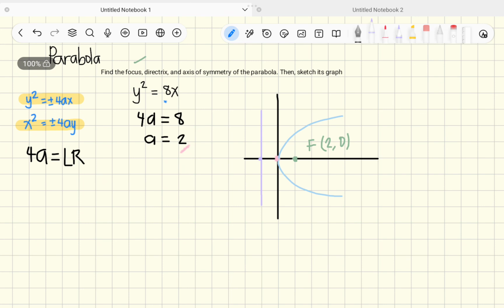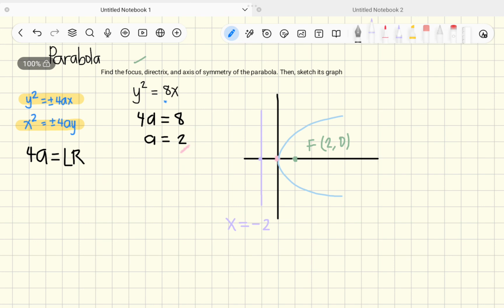So how do we define the equation of this line? Since it's a vertical line, this line is defined by x equals -2.